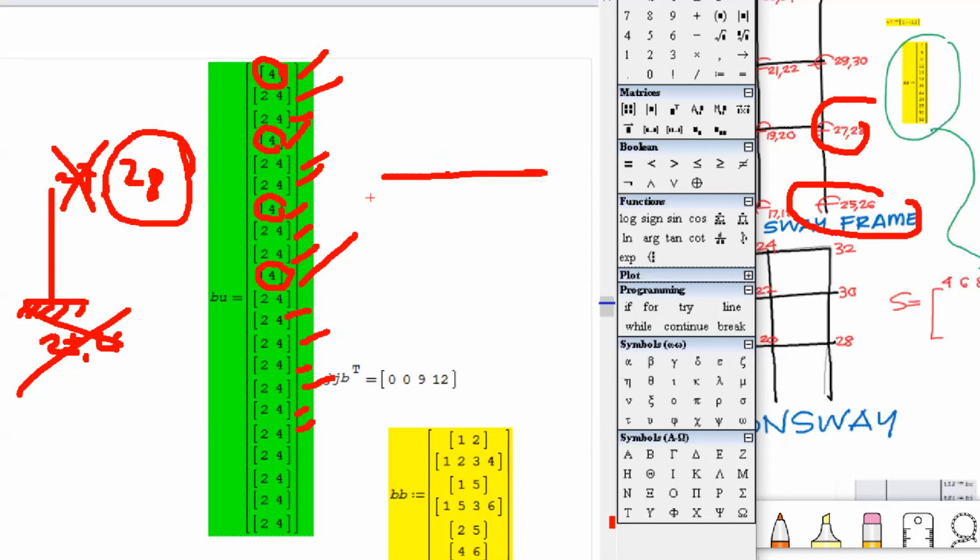For the girders, we only need the second and fourth element, right? We don't assume there will be a vertical displacement. Why no vertical displacement? Because it's actually rigid, so there's a negligible axial deformation.